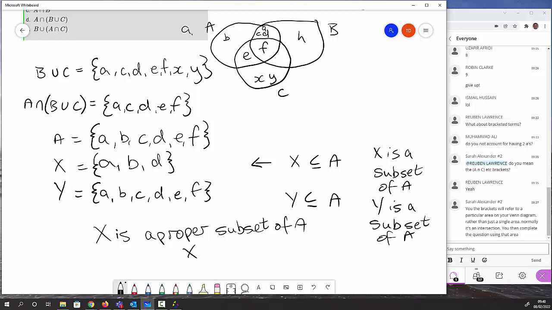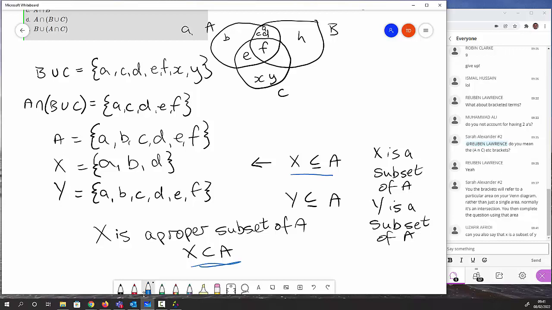So X is a proper subset of A. Okay, so let's just go over that again. This symbol without the underline, X cannot be equal to A, so in that case we're saying that it's a subset or it's equal to. That's what this symbol means. But if it can never be equal to, then it's a proper subset. It's not just a subset.